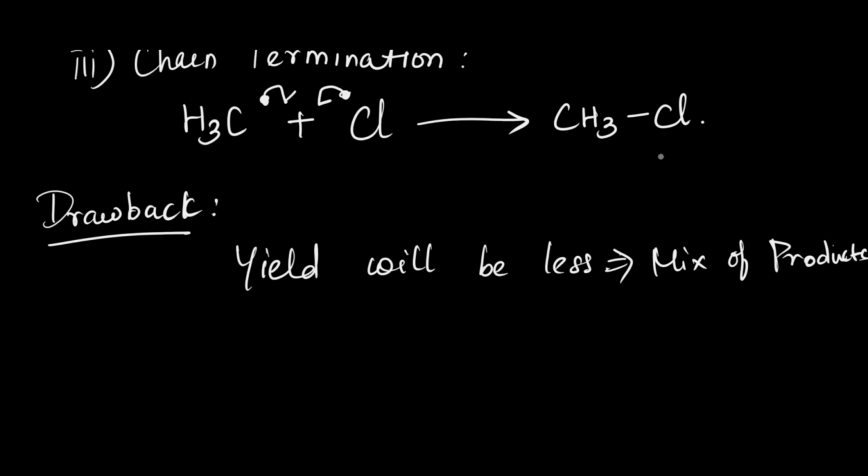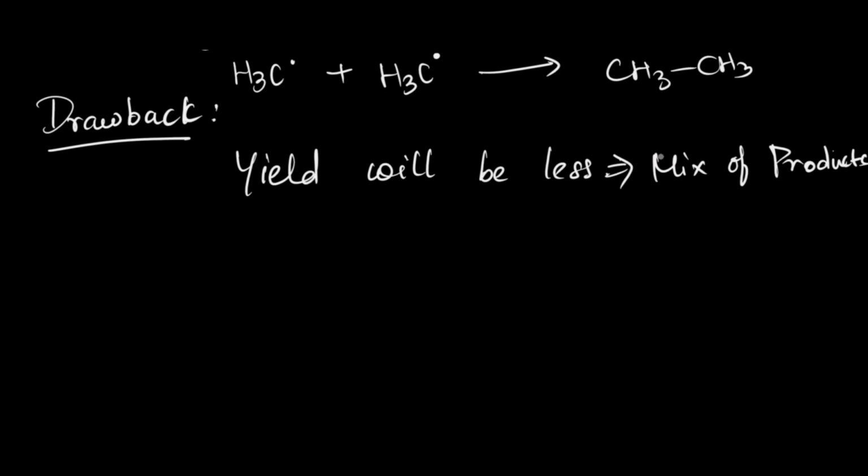It can be mixed, like CH3 radical combines with Cl radical to form CH3Cl, and then CH3 radical combines again with another CH3 radical to form a higher alkane. That is also possible. Or Cl radicals again combine to form Cl2. That is also possible. So a mix of products is forming, so the desired product yield will be very less.